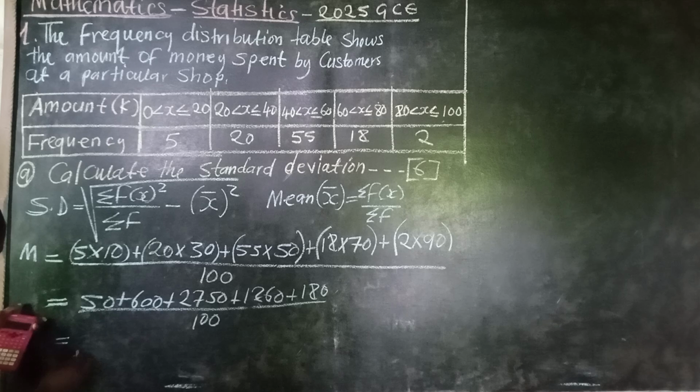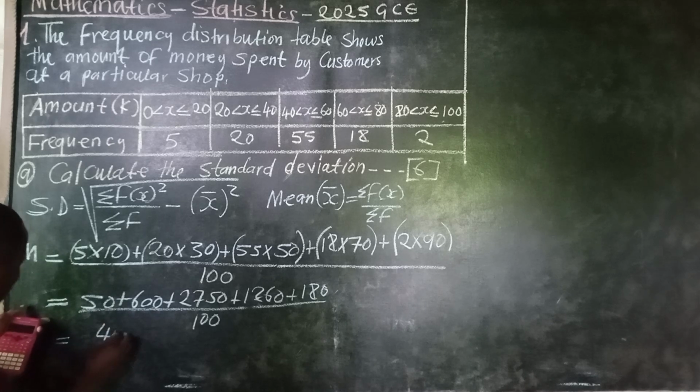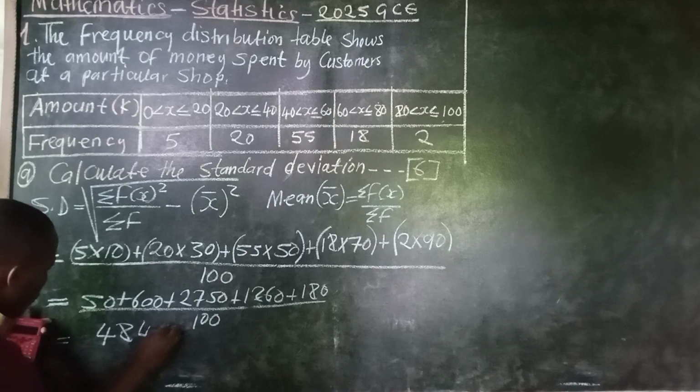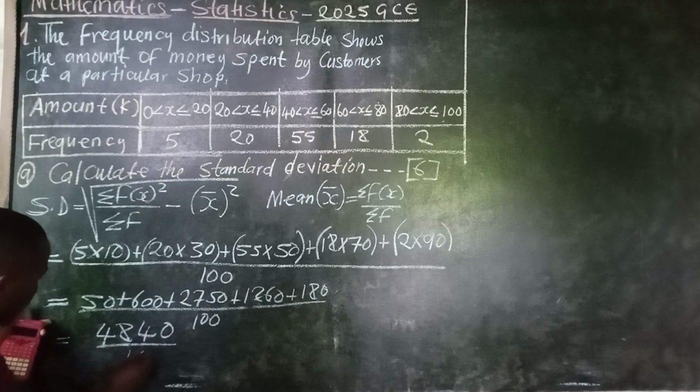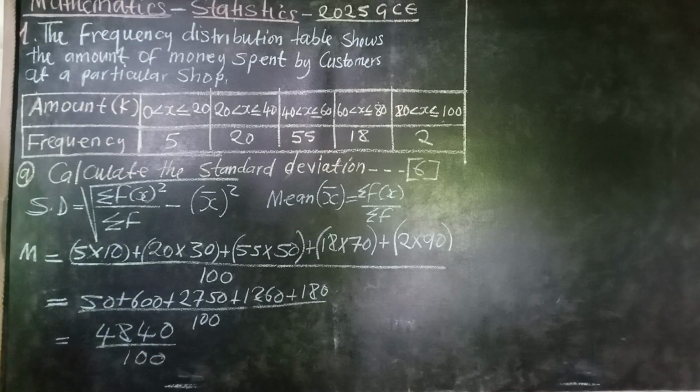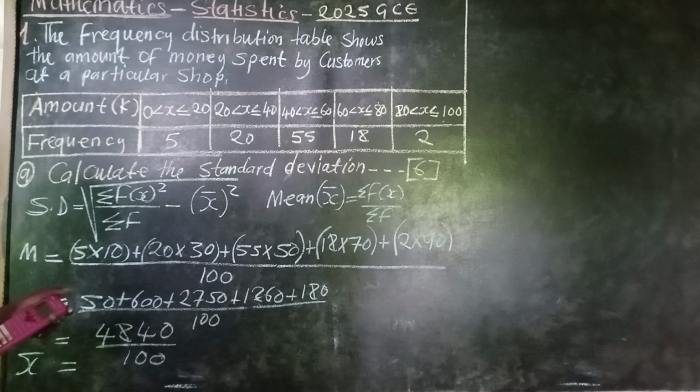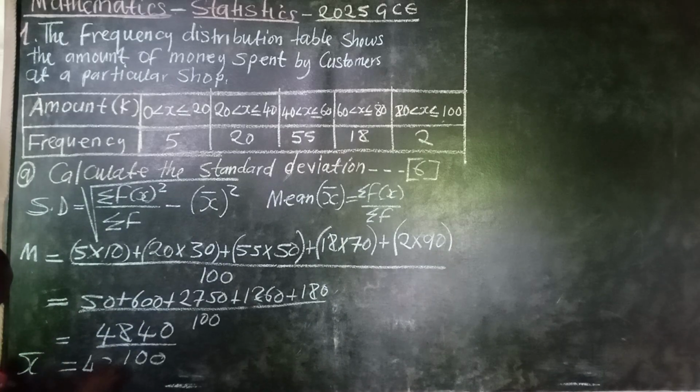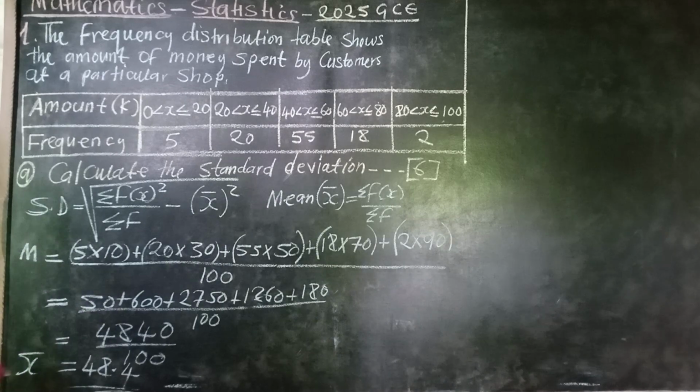We are having 4,840 divided by 100. So what is our mean, which is the x bar in this case? So this one now divide by 100. The answer is 48.4. Okay, so this is our mean.